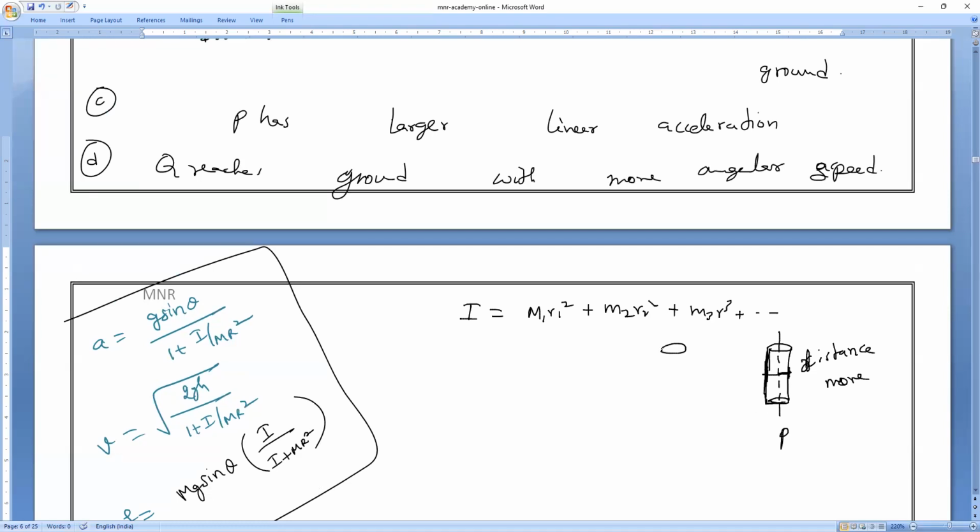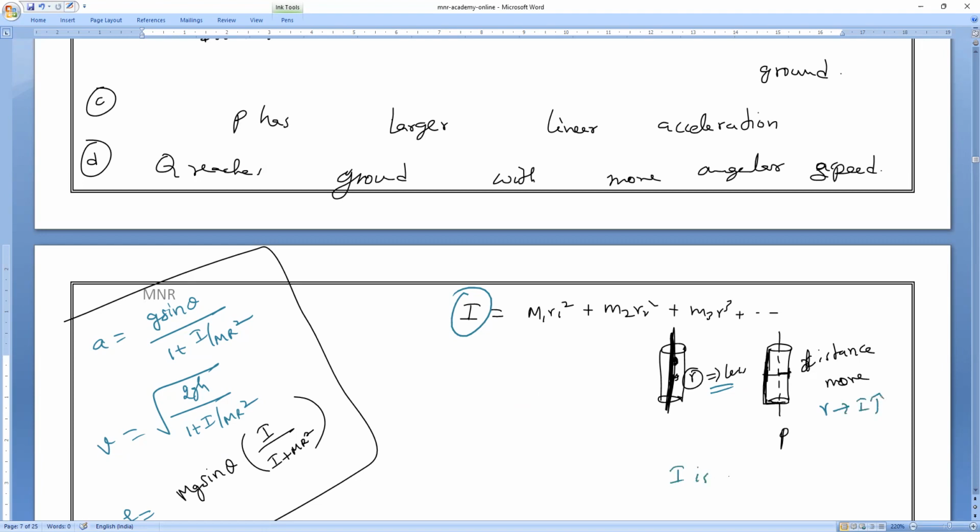Now, in the Q cylinder the entire mass is located on the axis of rotation. So is the R value less or more? Less. So now if you observe very carefully, for which one is I greater? Here R is more, here R is less. If R increases, inertia also increases.